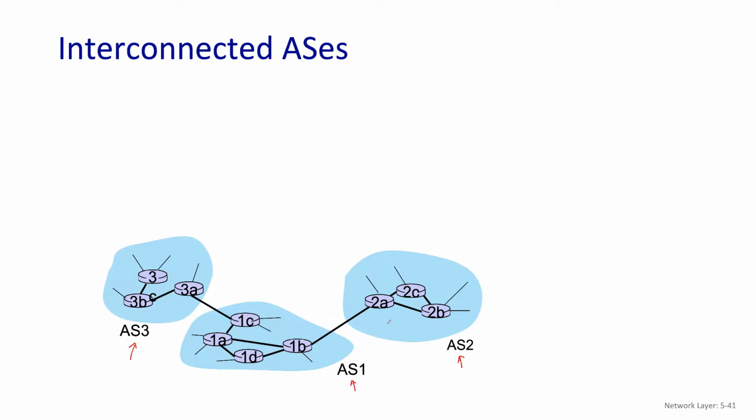As you can see, 2A here is the gateway of autonomous system 2, right? And 1B and 1C also play as gateways, this one for this side and this for this side. And the same thing for 3A here, acting as a gateway. So here we have intra-domain routing, and at this point, we can call this inter-domain.